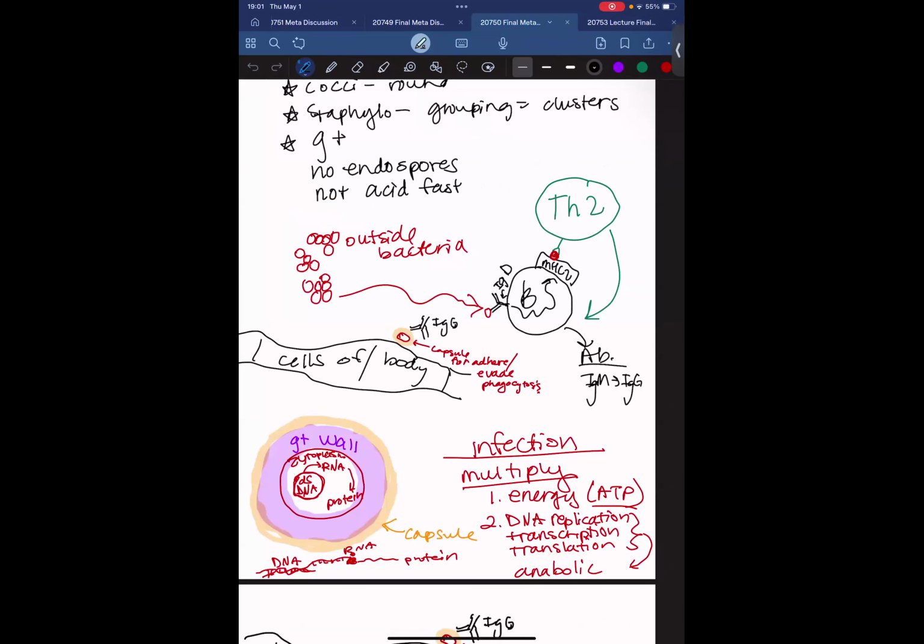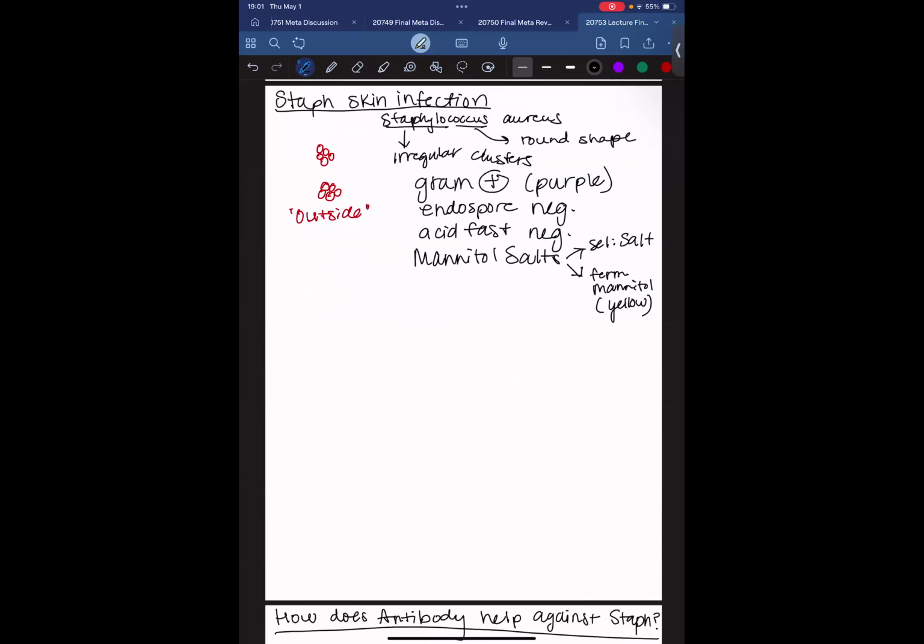Let's see where I wanted to lead next. Yes, we are going to talk a little bit about the outside response as well as the bacteria when it gets into the body. Okay, so if it's an outside response, then an antigen presenting cell, like a macrophage, dendritic cell, whatever, will come and eat this up through that process of phagocytosis and take it inside.